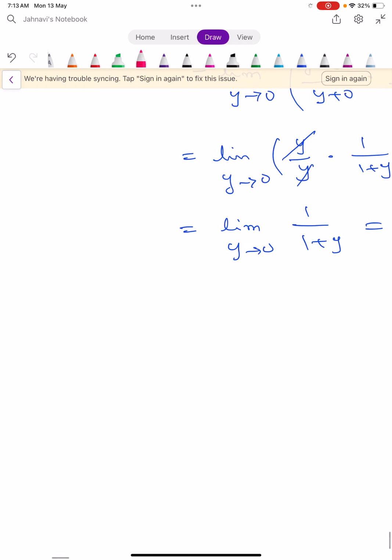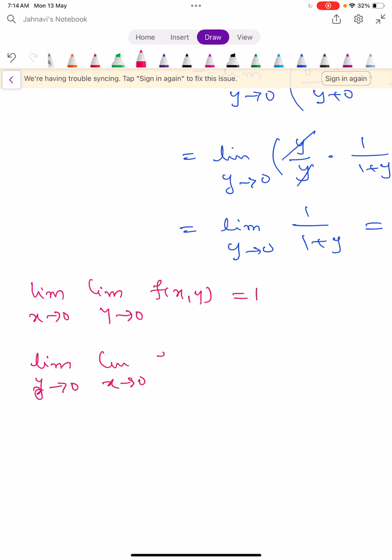Now you see, limit x tends to 0, limit y tends to 0, f of x comma y is equal to minus 1, and limit y tends to 0, limit x tends to 0, f of x comma y is equal to 1.